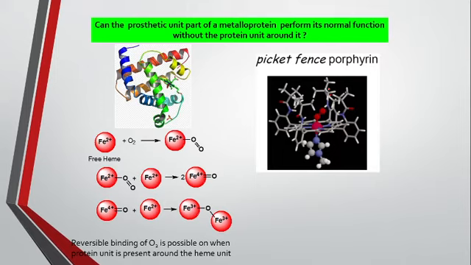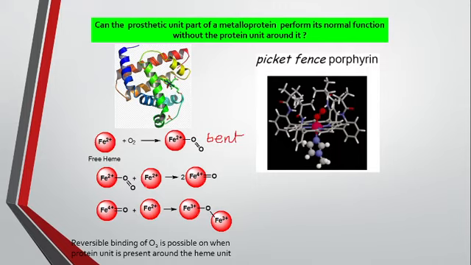Let me see here: the prosthetic unit of the metalloprotein performs its normal function without the protein unit around it. If the protein unit is not around it, then what happens? This is a free heme group which reacts with the oxygen. This oxygen is bound in a bent shape.